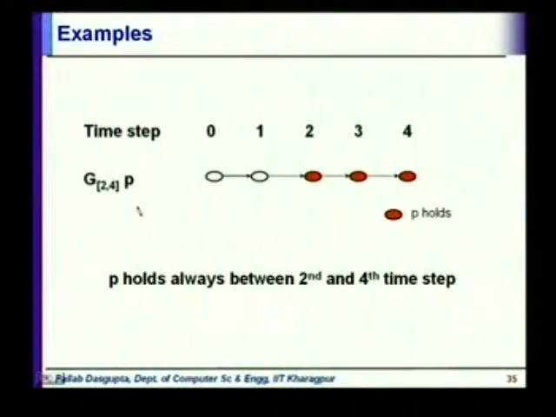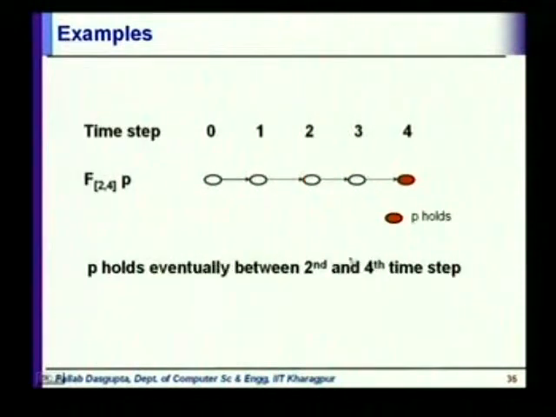So here, see, this is G 2,4 P. So from the second to the fourth cycle, P holds. F 2,4 P means that it must hold sometime between the second and fourth cycle. So it holds here, so that's fine.